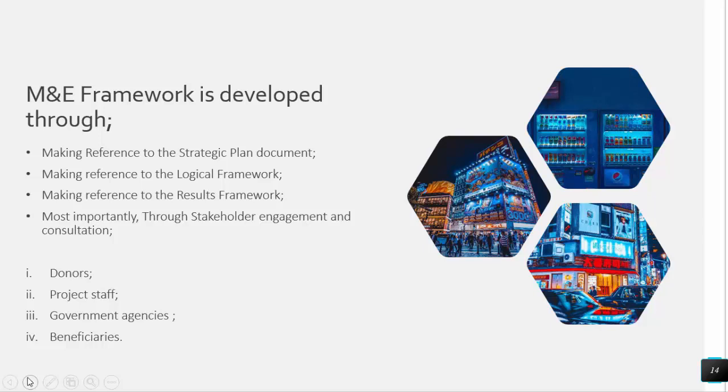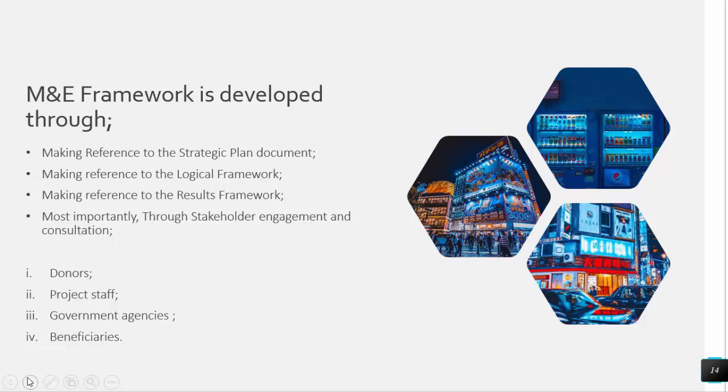Immediately you identify the problem, then you realize that you can actually find solutions. It is at that stage of finding solutions that you develop the activities and come up with a log frame. You have to make reference to the log frame, which gives birth to a results framework, which gives birth to an M&D framework. So it all has these stages.